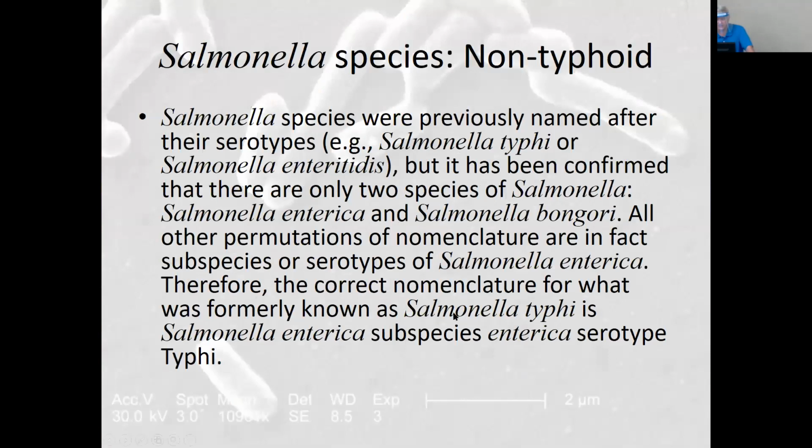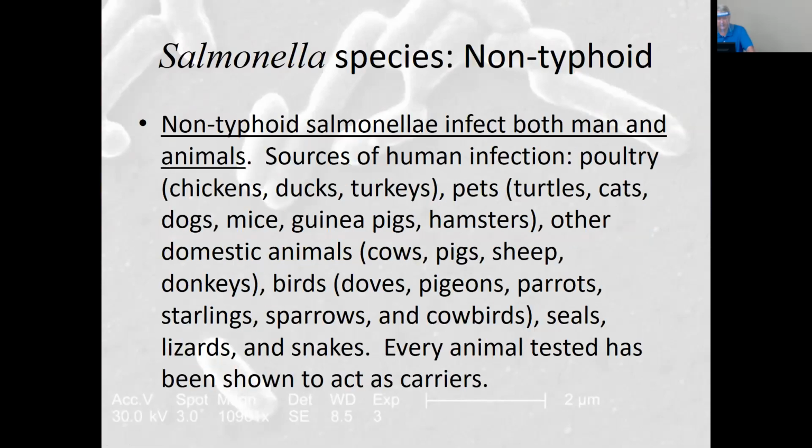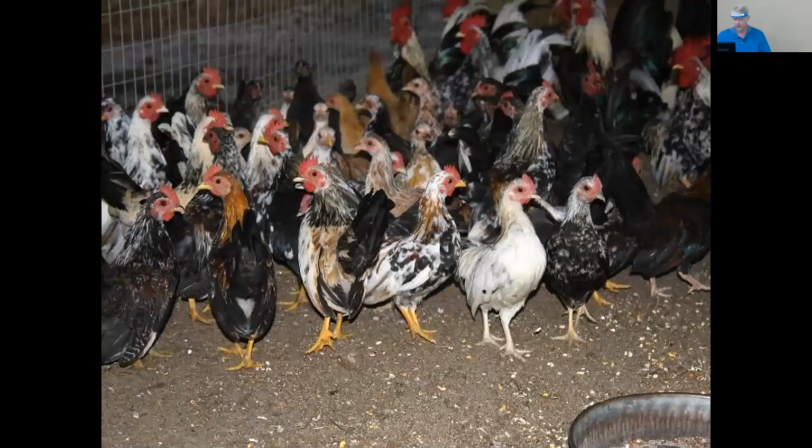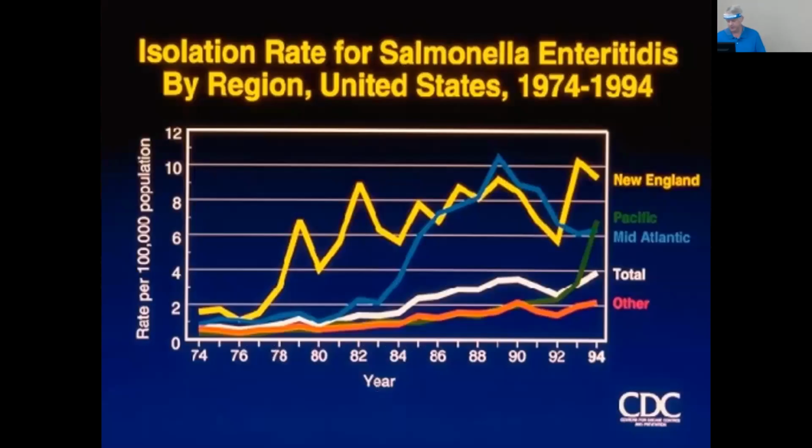Didn't they say we're taking what was formerly known as Salmonella typhi and calling it Salmonella enterica subspecies enterica serotype typhi? Or is this the non-typhoid? All right, we've got to get this straight. So we've got 5 minutes to get this straight. What are we going to go with? Zoomland, you can chime in too.